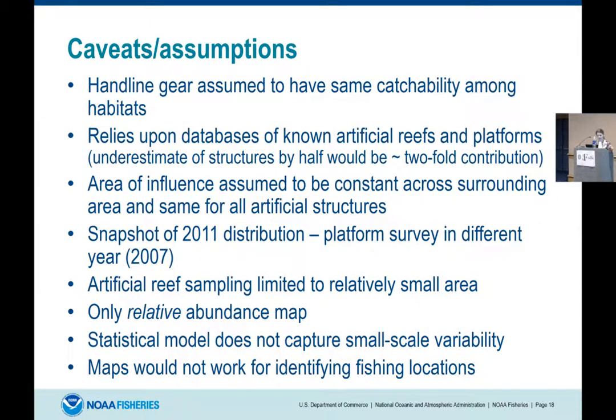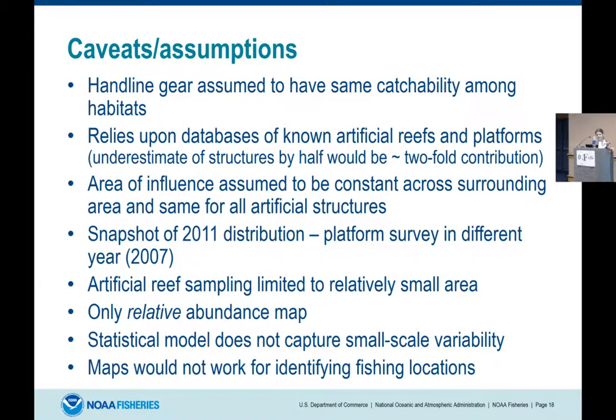The artificial reef sampling, as I mentioned earlier, was limited to a relatively small area, so we don't know that those CPUE differences are the same across the entire Gulf of Mexico. And this is only a relative abundance map, so it doesn't tell us what the total number of red snapper is in the Gulf of Mexico. This is all in relative terms because we're looking at relative CPUEs.